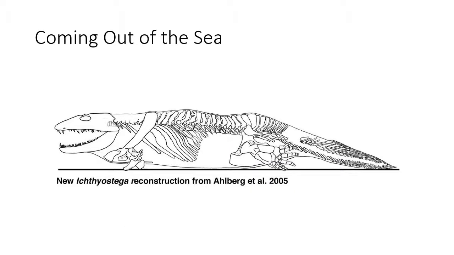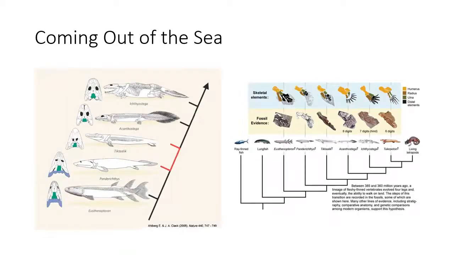So anyways, what about coming out of the sea? So this is, of course, a famous topic, if you will. Tiktaalik would be one of the first. Here's another reconstruction of another creature, where you see really a changing of traits over time.